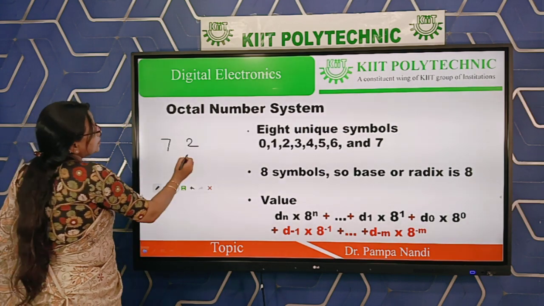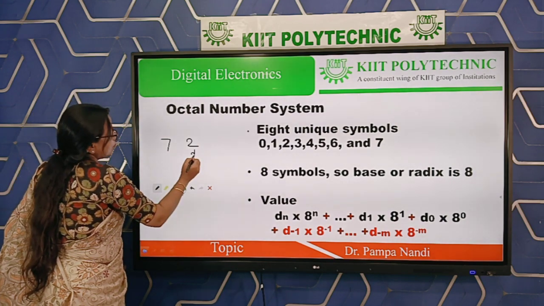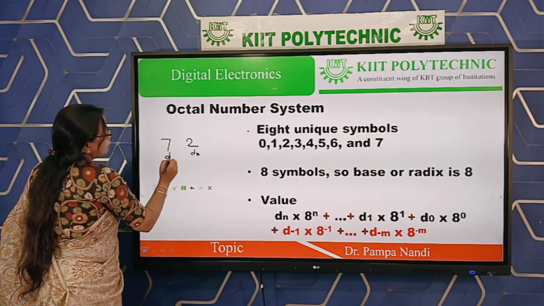Now this is the value of D0, this is the value of D1.